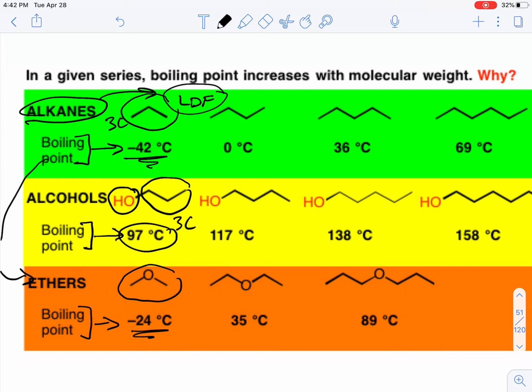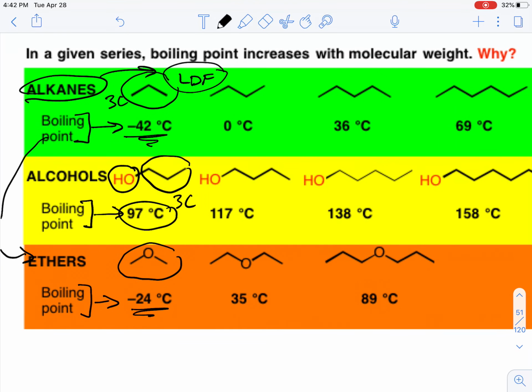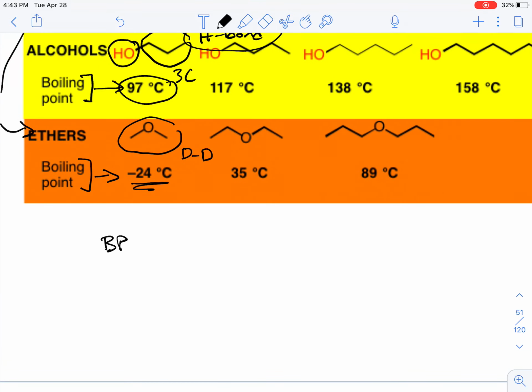So alkane to alkane interaction, alcohol to alcohol interaction, ether to ether interaction. Once again, the highest intermolecular force for ethers is dipole-dipole, and for alcohols, the dominant or strongest intermolecular force is hydrogen bonding. So for boiling point, we can summarize that alcohols are greater than ethers, which are greater than alkanes.